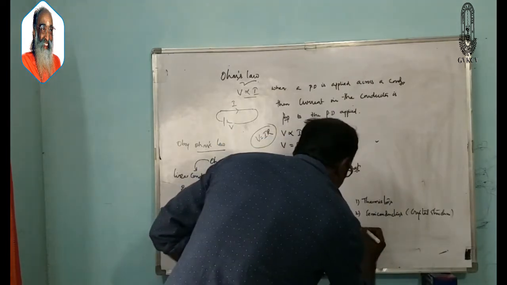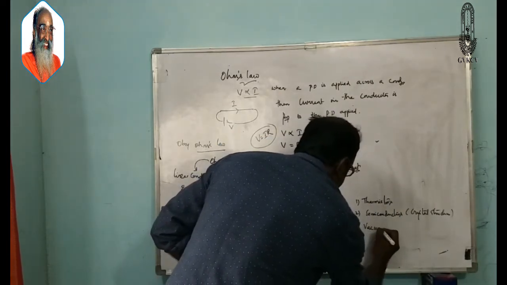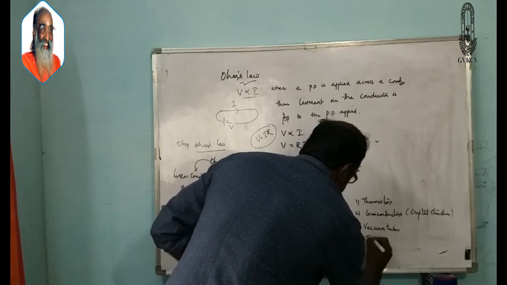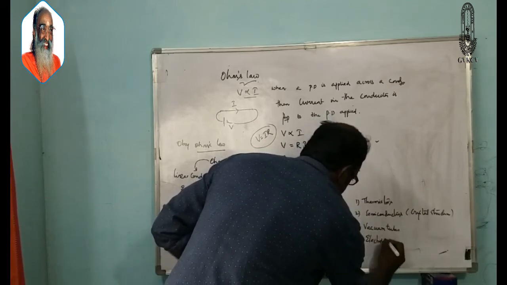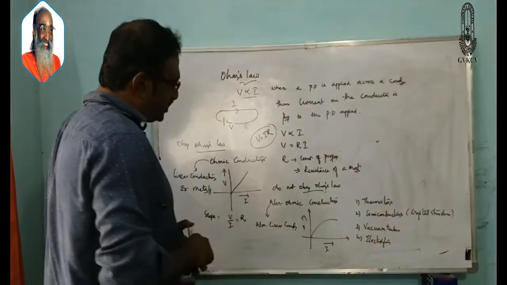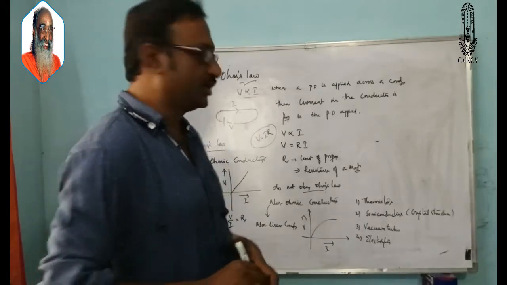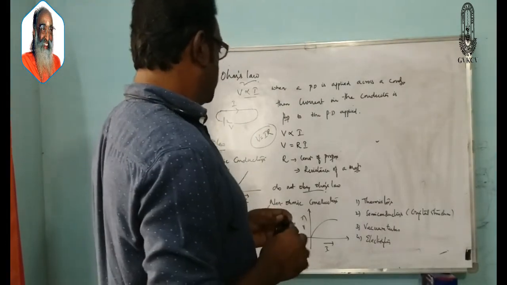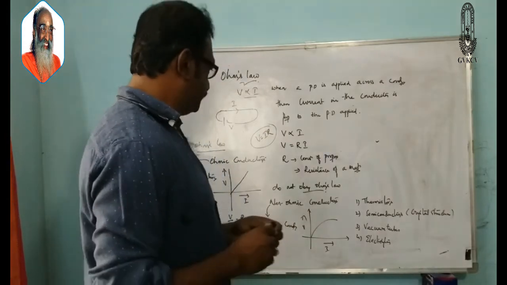Other ones are vacuum tubes and electrolytes. So these are some of the examples of materials which do not obey Ohm's law. And talking about thermistors, what are thermistors?